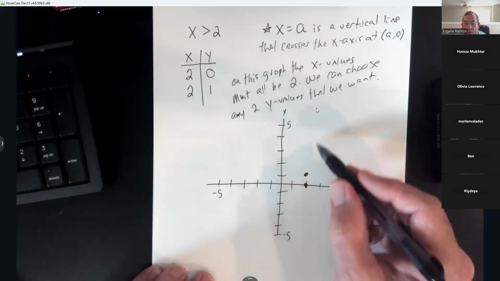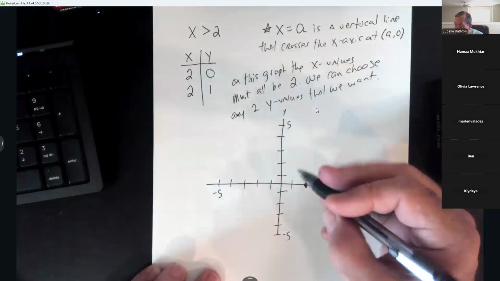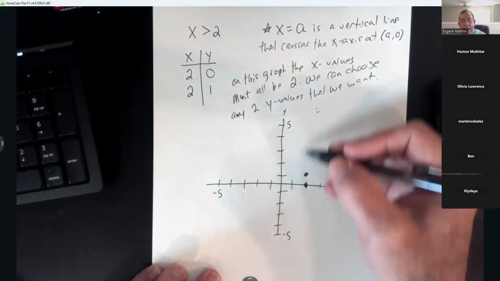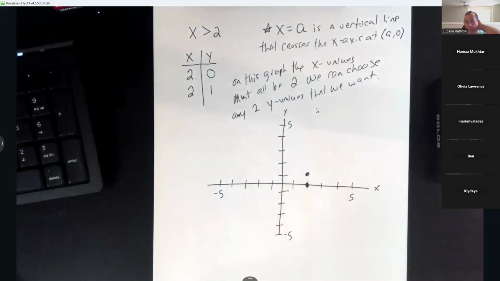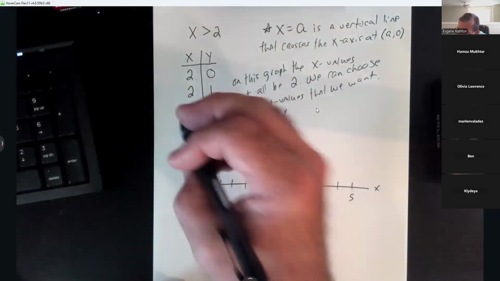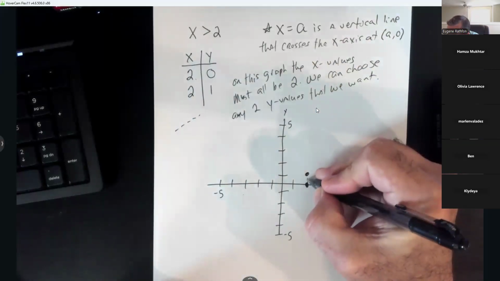You could have did 2, 5. It don't matter. As long as that x value is a 2, your line will be a vertical line like mine, okay? Alrighty. So on mine, I do not have an equals under it, so I would use the dashed line. So I would make my vertical line dashed.